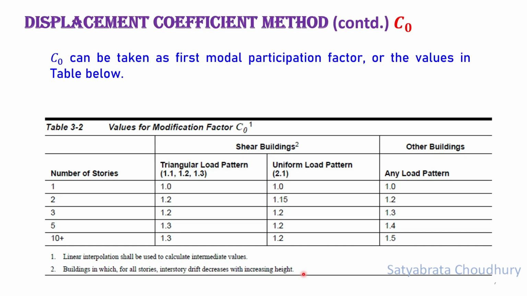A building is actually a cantilever system, so it should have shown a cantilever mode, but it will not show in these cases. The case is when there are rigid floors and beams at the floor levels, then it will show shear bending mode. This was discussed in an earlier video.